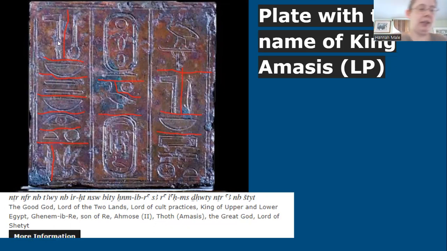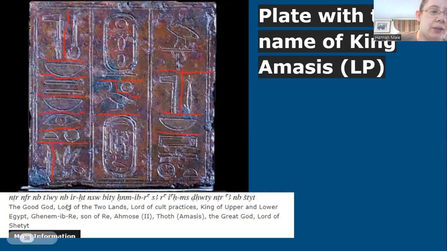So you have this N underlined TR, which is God. That NFR, which is good. Good God is another common title of rulers and monarchs that you'll see on a lot of their material culture objects from, I think, the Old Kingdom on.